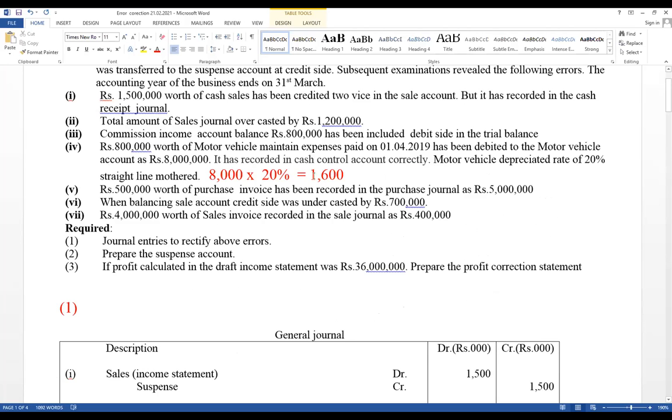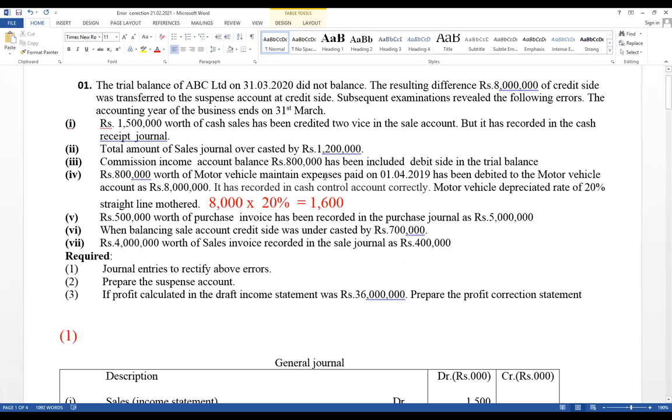Motor vehicle maintenance expense has not been considered as an expense. It has been recorded as a motor vehicle.